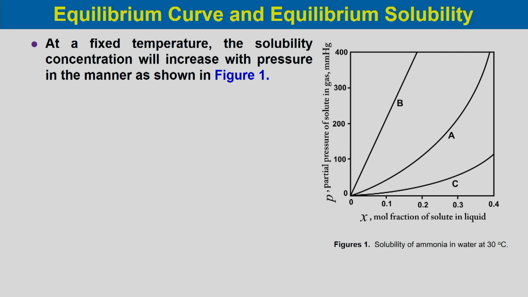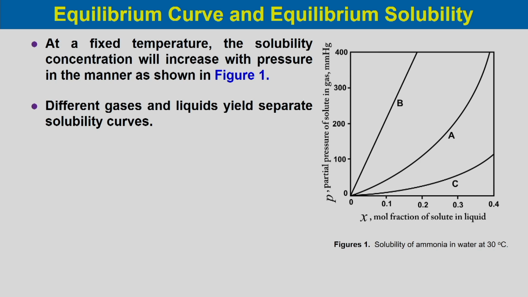Okay. So, you can see the solute concentration in the liquid phase will gradually increase as we increase the pressure. If it is a single gas, it is the total pressure of the gas phase, or if it is a mixture of gases, then you have the partial pressure of the gas.